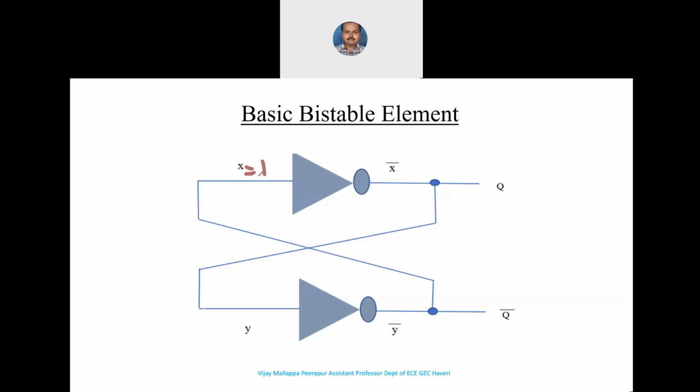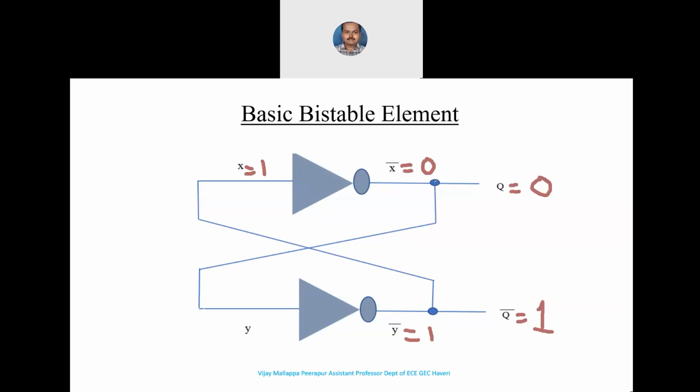When X is equal to 1, what do we understand by this now? We know that Y bar is 1 and Q bar is also equal to 1 here. And what is the output of the first NOT gate? When X is 1, this is equal to 0. Therefore, Q is equal to 0.